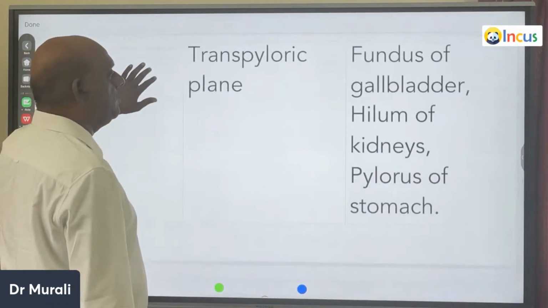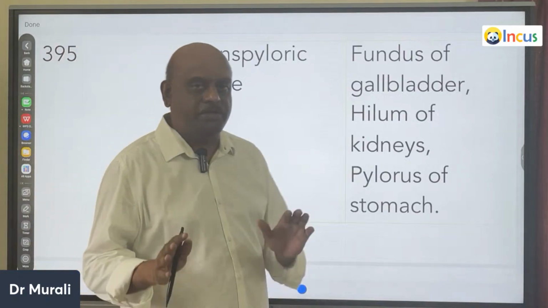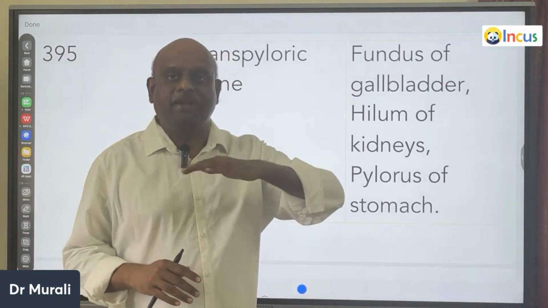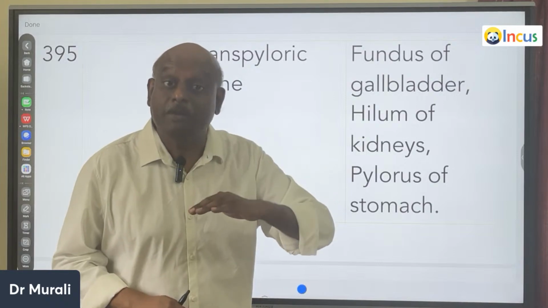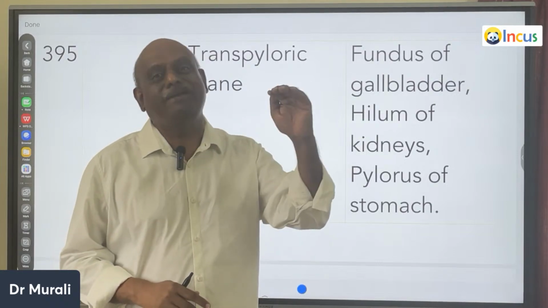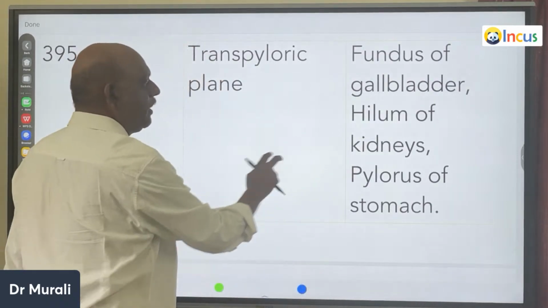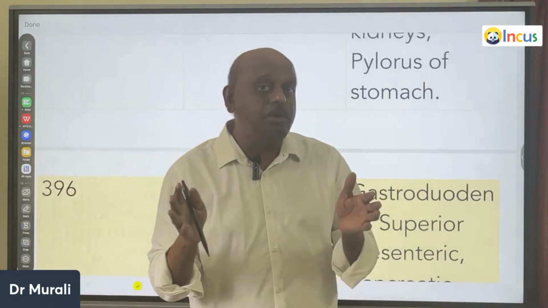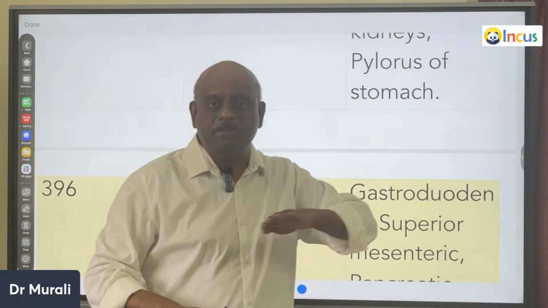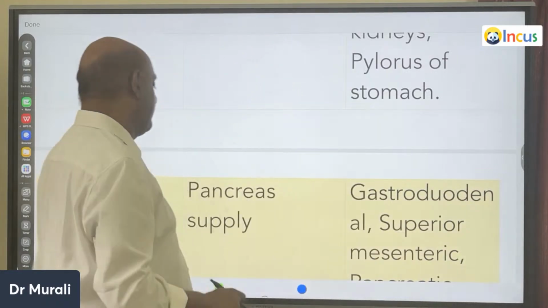So we need to know what are all the structures that are at the level of the transpyloric plane, and the transpyloric plane is at the level of L1. So the fundus of the gallbladder, hilum of the kidneys, pylorus of the stomach, they're all at the level of the transpyloric plane.